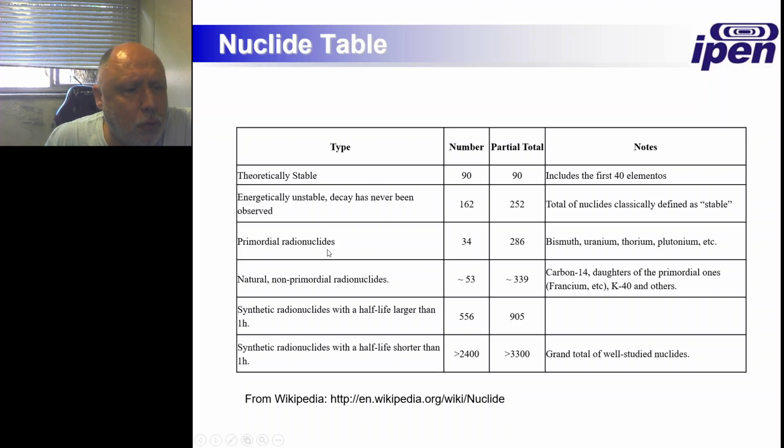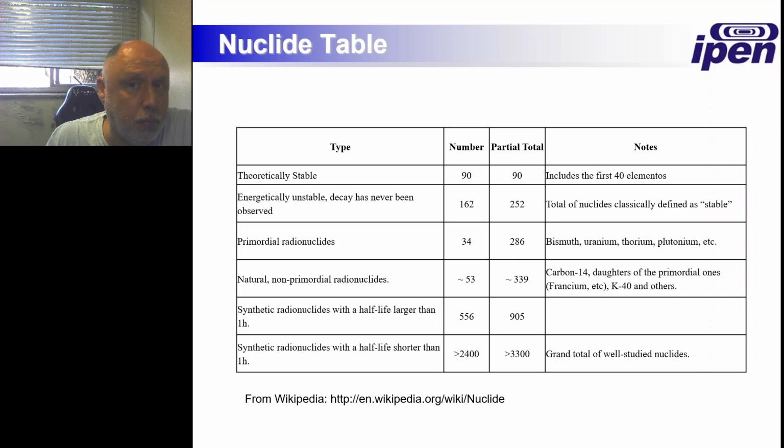Then we have the primordial radionuclides, which are essentially 34, such as bismuth, uranium, thorium, plutonium, which are radionuclides that have been here from the time Earth was created, or assembled. Right, so we have 286 nuclides.